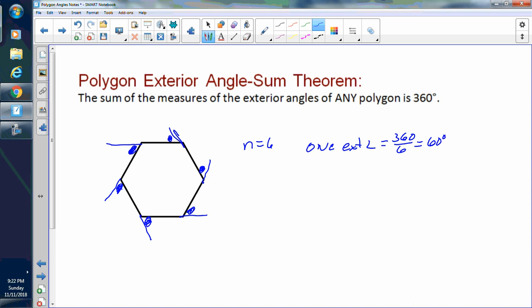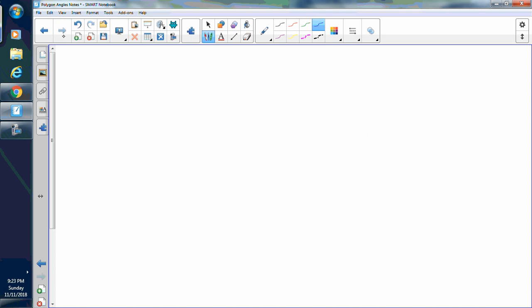So you always want to take 360 divided by n, and that's going to equal 1 exterior angle. So we have a 10-sided polygon that's regular. Each of the exterior angles is going to be 360 divided by 10, or 36.